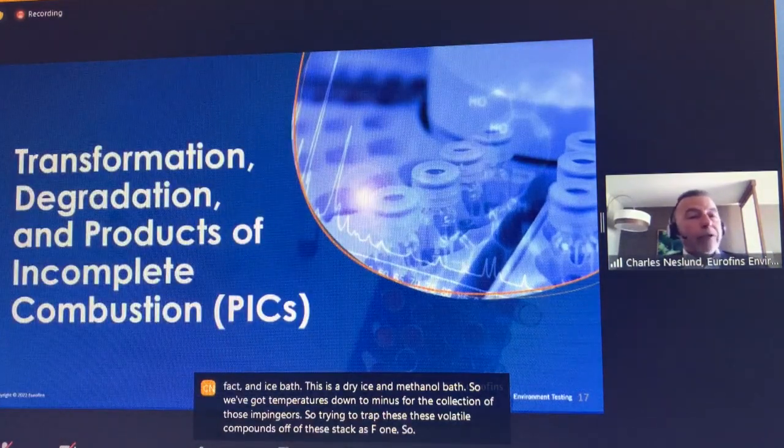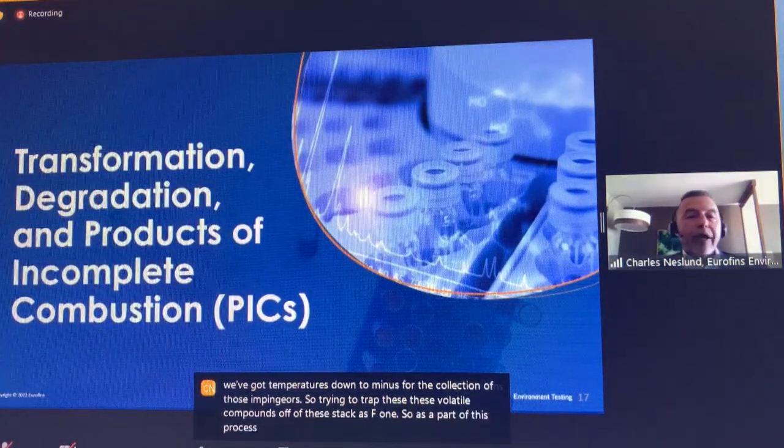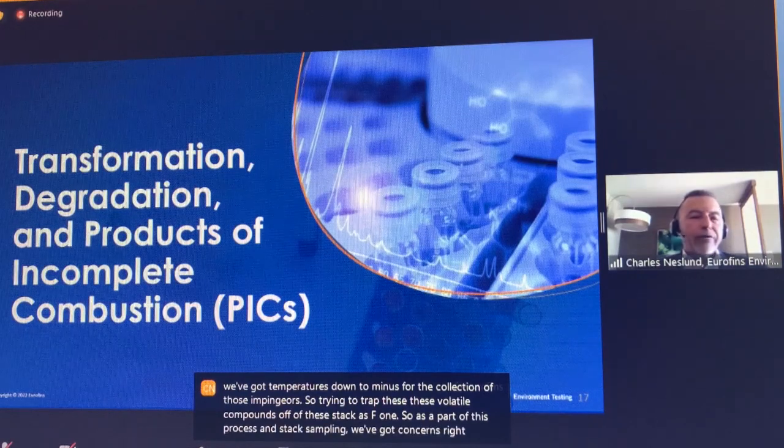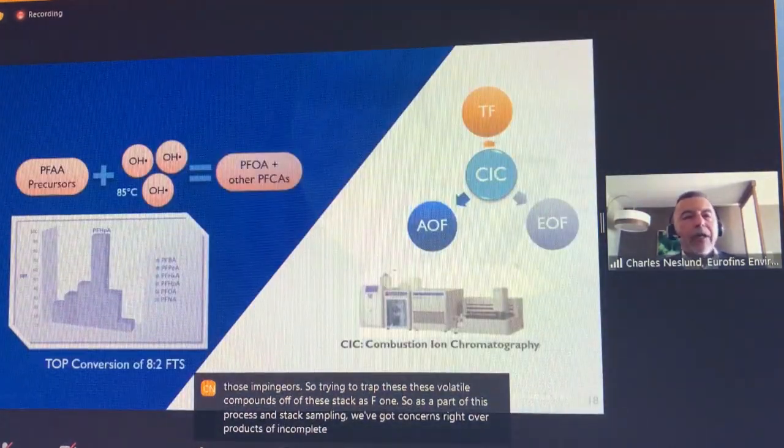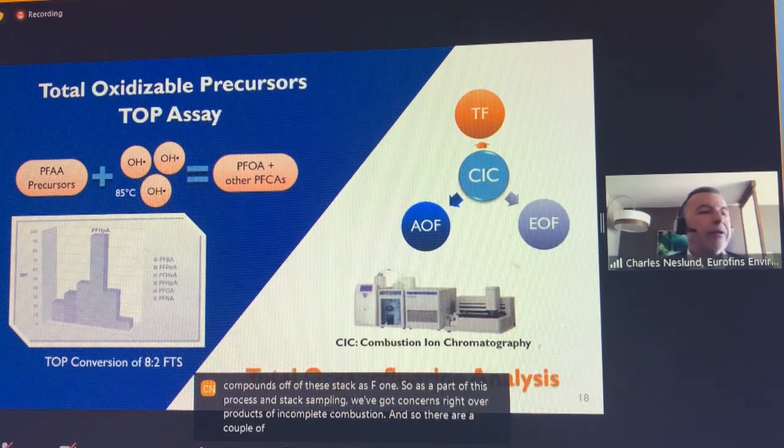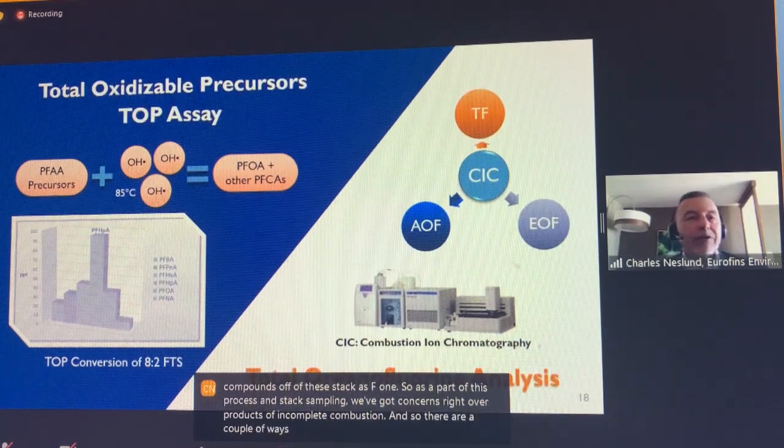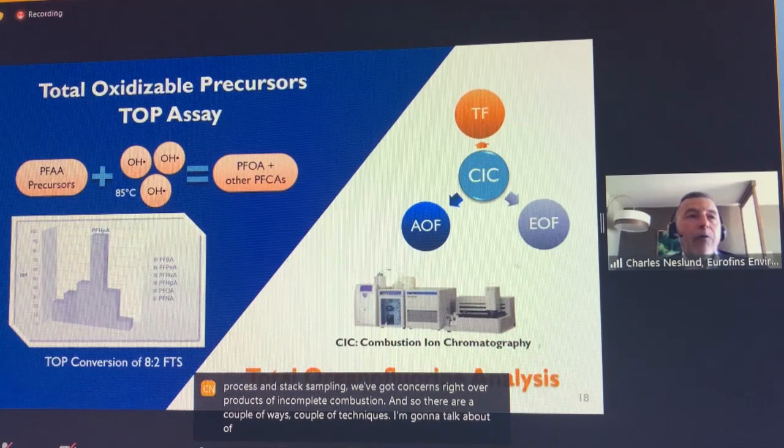As part of this process in stack sampling, we've got concerns over products of incomplete combustion. There are a couple of techniques I'm going to talk about that we could employ.